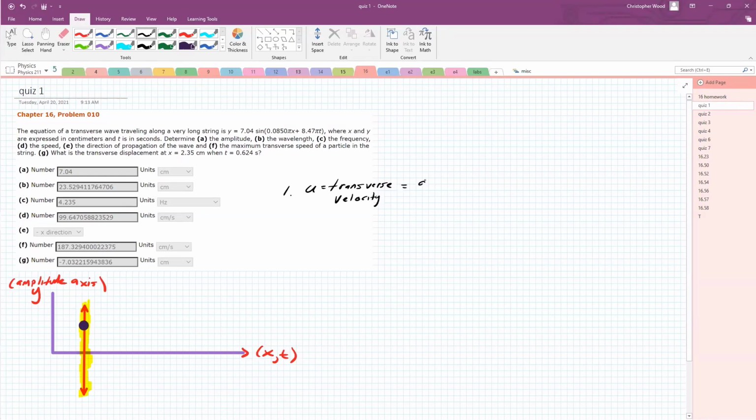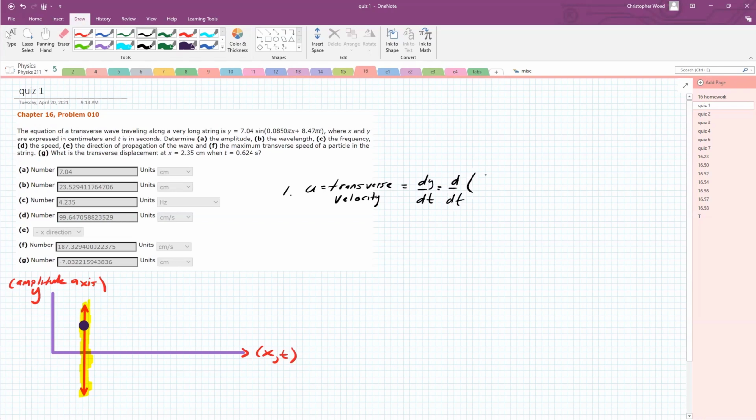And you know what that is? It's just dy/dt. Because again, we're concerning ourselves with the velocity along this axis right here. So all we have to do is take the first derivative of the y, of the displacement, of the position function.